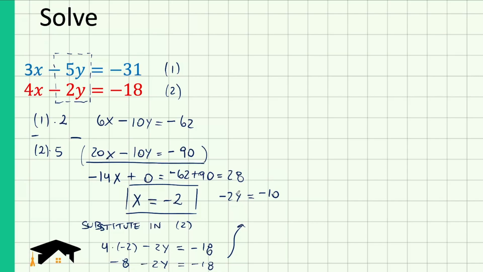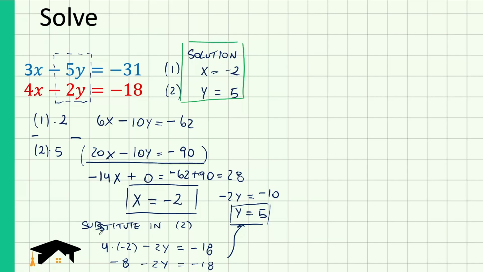And then dividing by minus 2 gives y equals 5, because minus 10 divided by minus 2 is positive 5. So the solution will be x equals minus 2 and y equals 5.